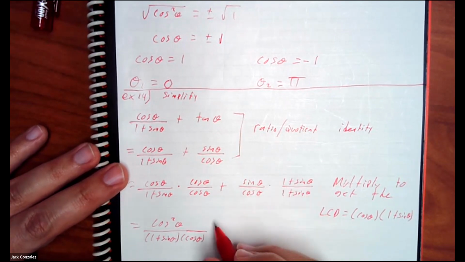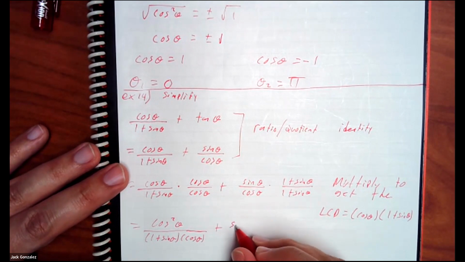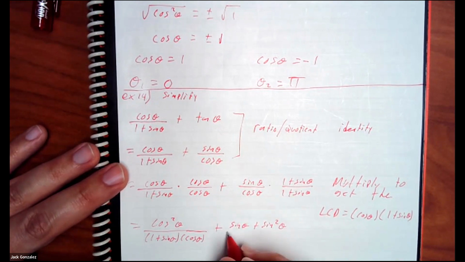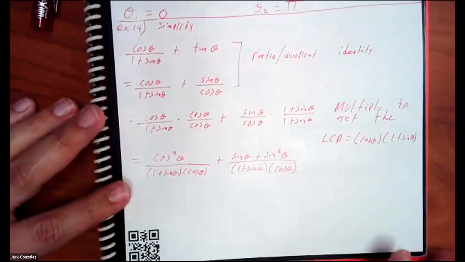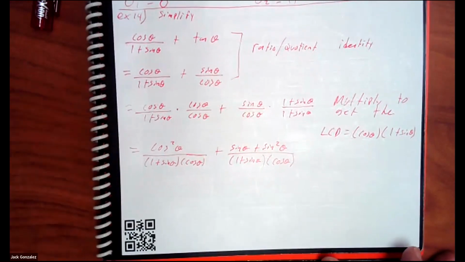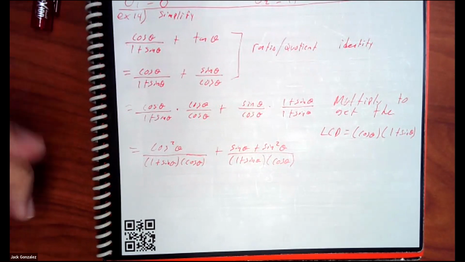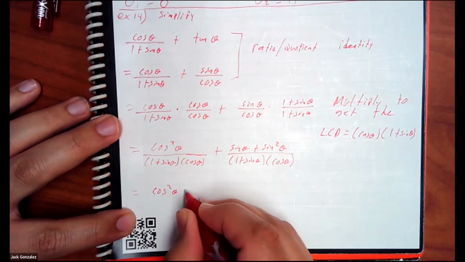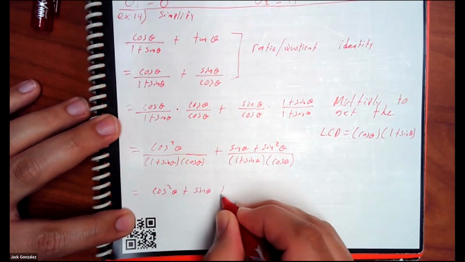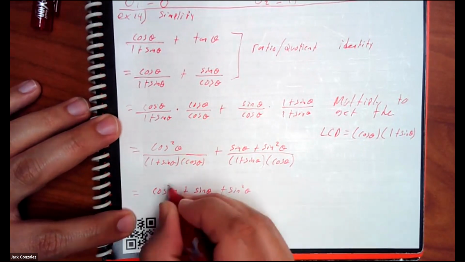And then multiply that sine through, that'll give us sine times 1 plus sine, over the LCD. Okay, so now just add the numerators and you're almost done. So we get cosine squared theta plus sine theta plus sine squared theta.